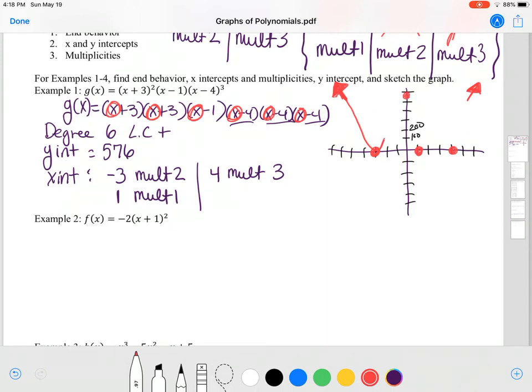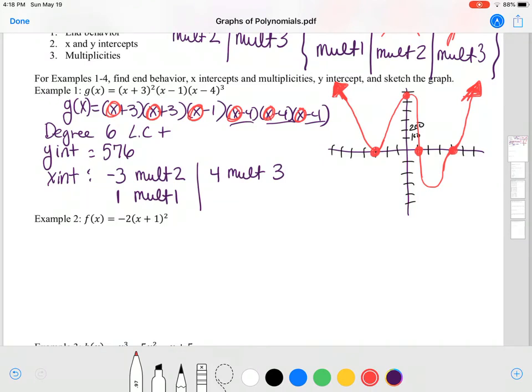It has to pass through that too, so it's going to bounce back up and touch that. Now the next point that it's going to hit is 1. And that has a multiplicity of 1, so that's going to just cross straight through. And then at 4, it has a multiplicity of 3, so that's when it does that little fancy swirl thing when it crosses through. So it's going to look like this. And then it's going to come back up and finish up here.